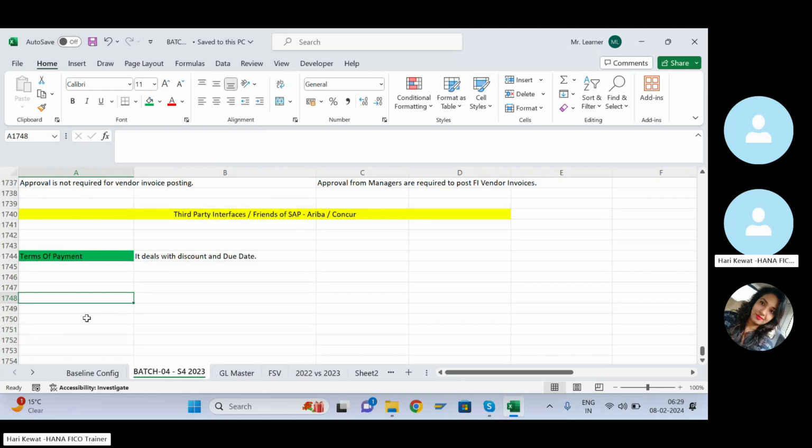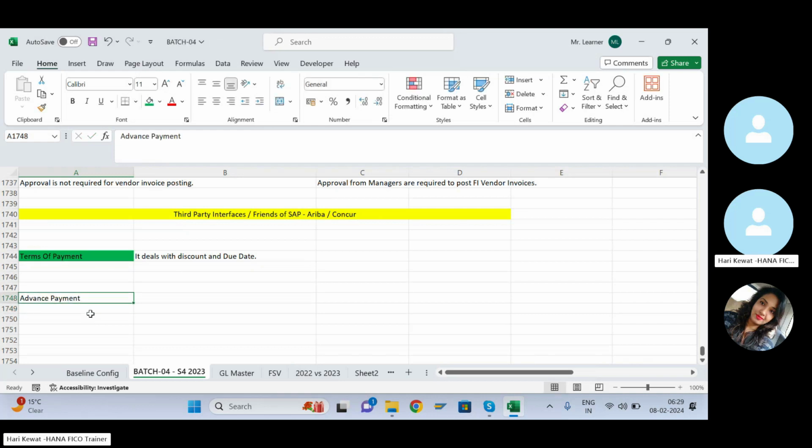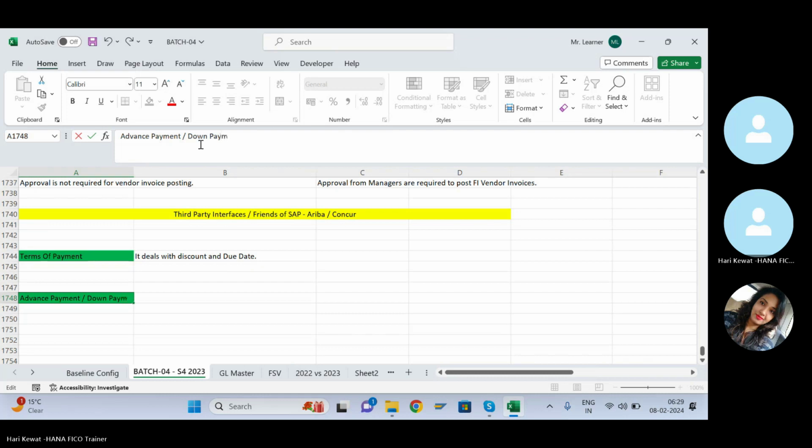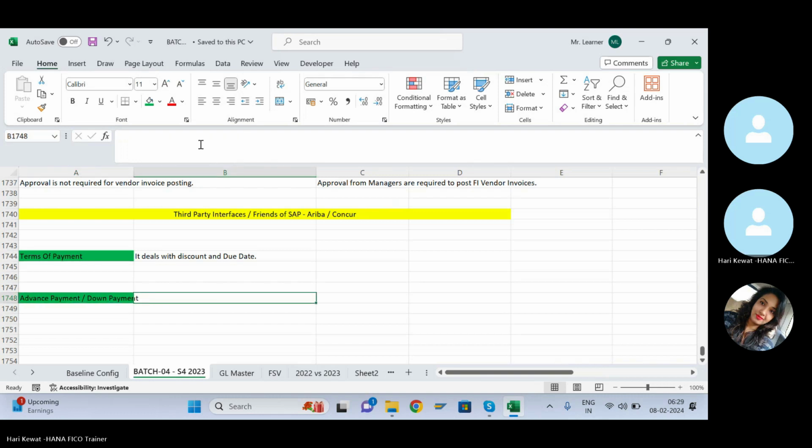Then next very important is also known as advance payment. Advance payment you have to know. Advance payment is also known as down payment. So if you are making any advance payment to the vendor before the purchase, it is known as advance payment or down payment.